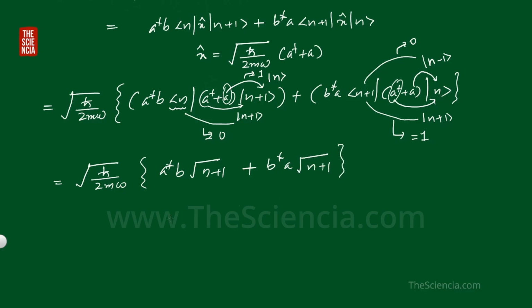Okay, so we got root h cross by 2m omega into root n plus 1 into a star b plus b star a. That is, we got the expectation value of x is equal to root of h cross by 2m omega root n plus 1 into a star b plus b star a.